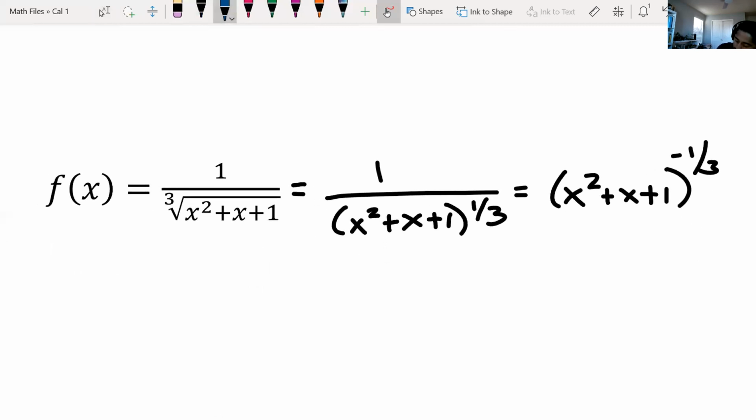We are now ready for the derivative again by chain rule. And what do I start with? -1/3.